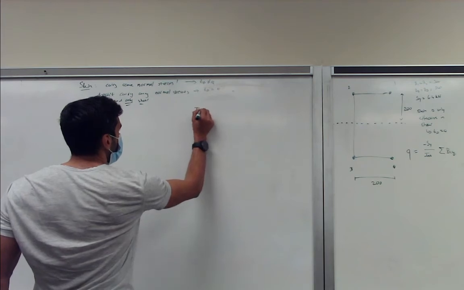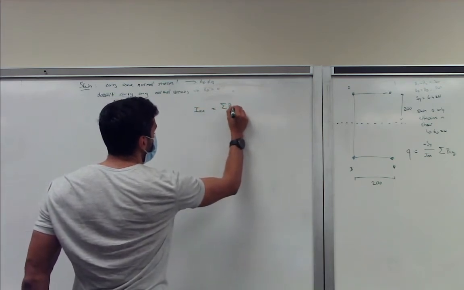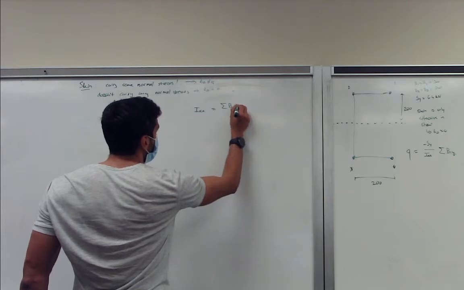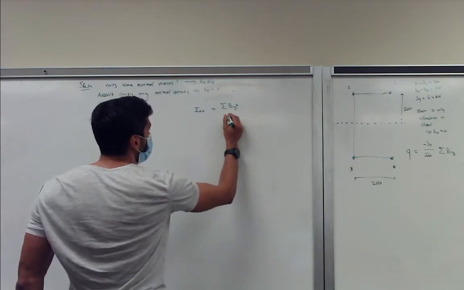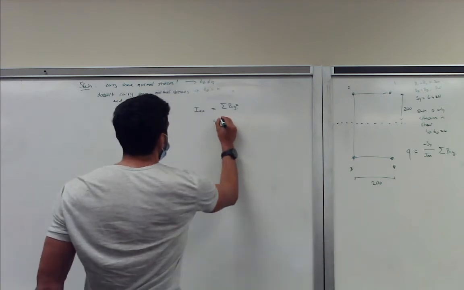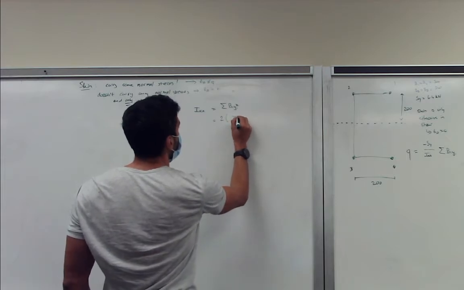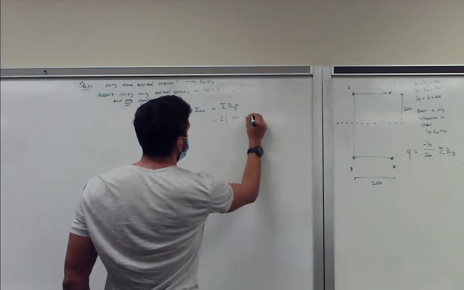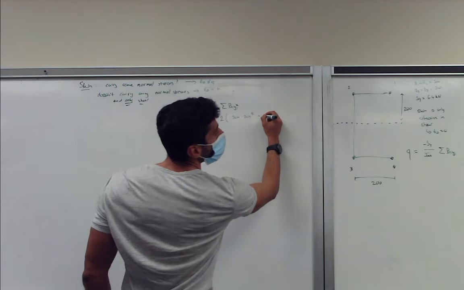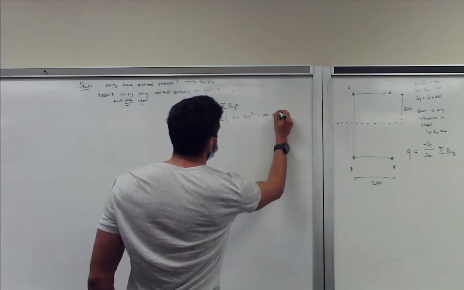Ixx, for booms, is nothing else than the sum of B times y squared. In this case, we can use symmetry, so it's 3 times 300 multiplied by 200 squared plus 500 multiplied by 200 squared as well.